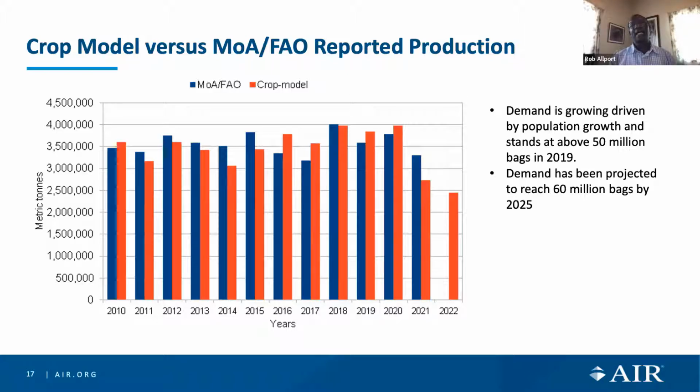Right now, the government uses the statistic of 50 million bags. But we know in 2025, which is only two more years to go, that will hit 60 million bags. And we know now the trend of maize production is declining.